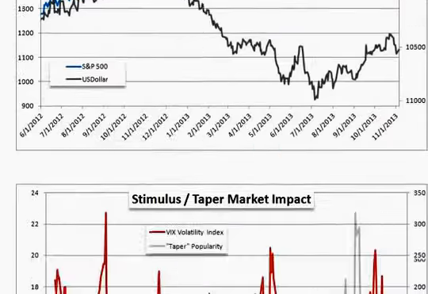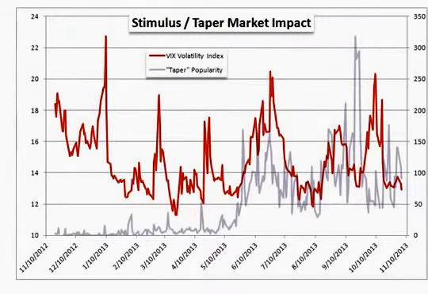When we see risk trends respond to that taper speculation, and this is actually a measure of how the taper, just conversation, can spark market activity, market fear, volatility. We're looking at the VIX volatility index versus the search popularity of the taper.